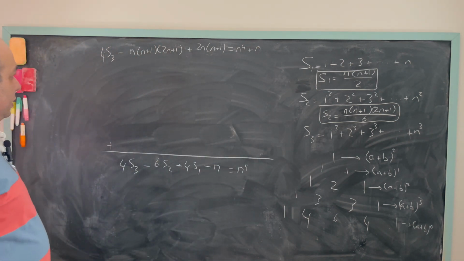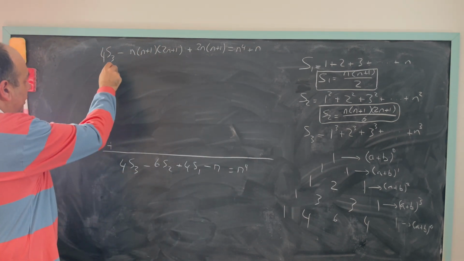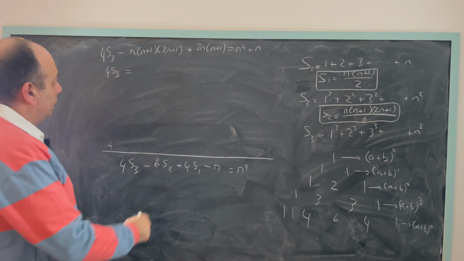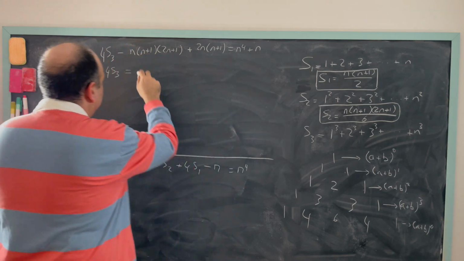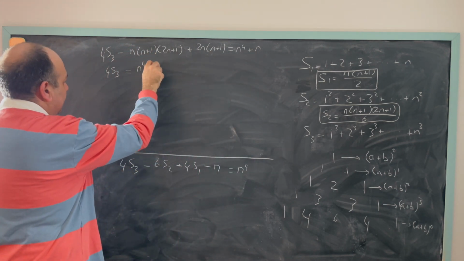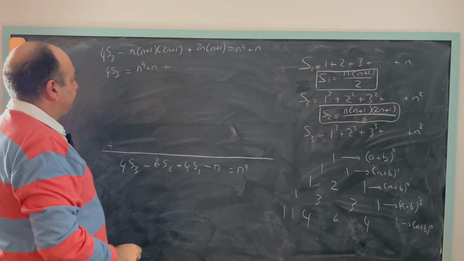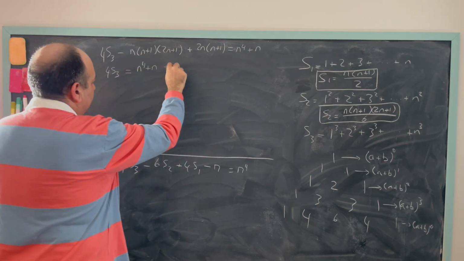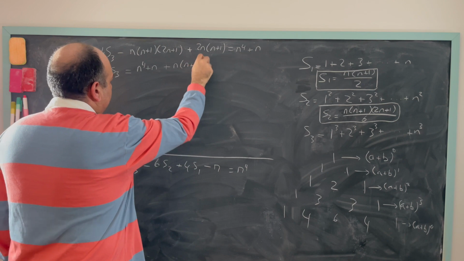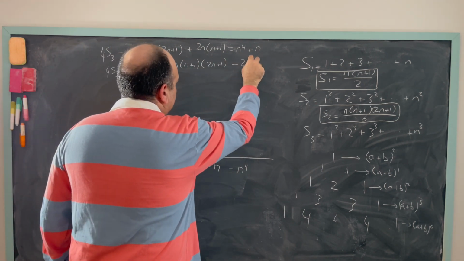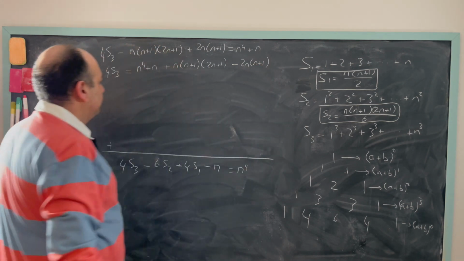Okay. This is great. So 4S3 is going to be equal to n to the 4 plus n. Okay. Then I'll have plus this term here, n times n plus 1, 2n plus 1, minus that term, so 2n times n plus 1. This is great.